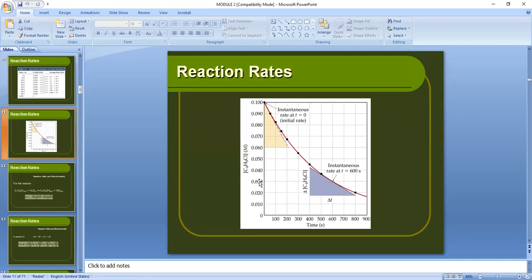So you take the difference between the starting concentration and the concentration after an hour. You don't know exactly at any particular time within that hour what the instantaneous rate is. So those are two very different things. Okay, now we proceed.